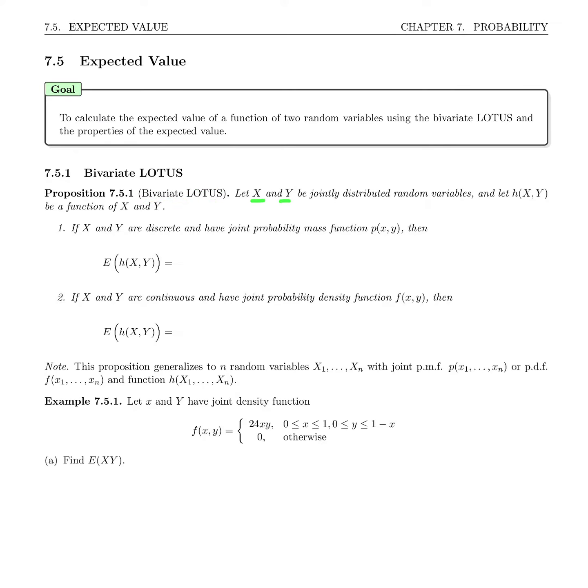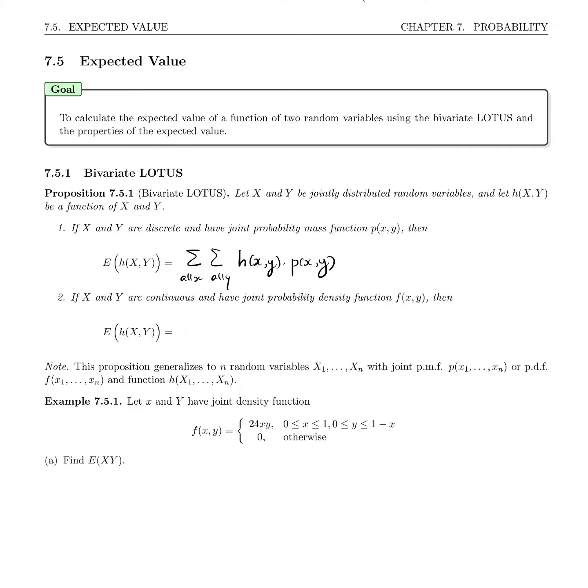Let X and Y be jointly distributed random variables, and let h(x,y) be a function of X and Y. If X and Y are discrete and have joint probability mass function p(x,y), then the expected value of h(X,Y) is the sum over all x of the sum over all y of h(x,y) times p(x,y).